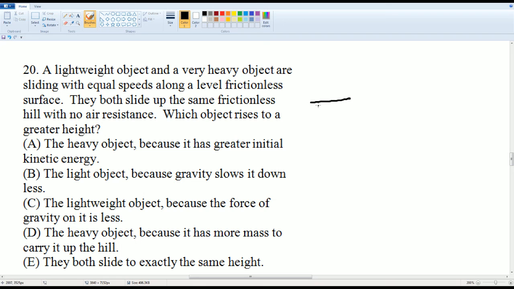So here you go, a heavy object and a light object, sliding on a frictionless surface, so mu equals 0. There's a v here. Which object rises to a greater height?